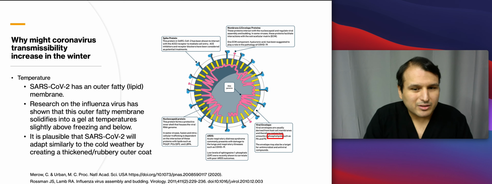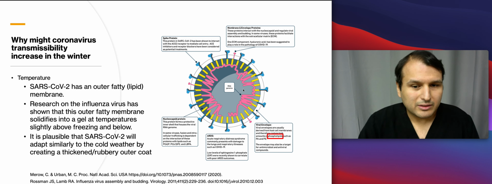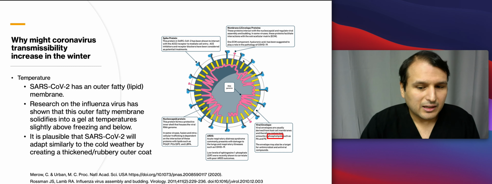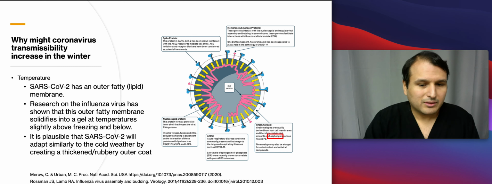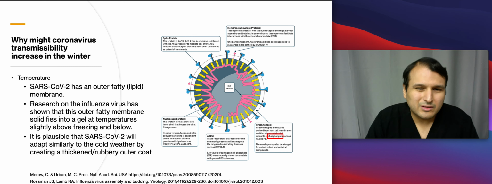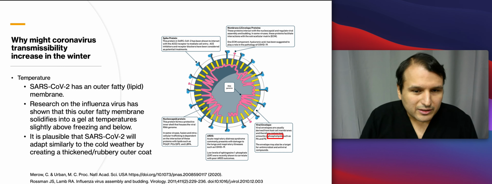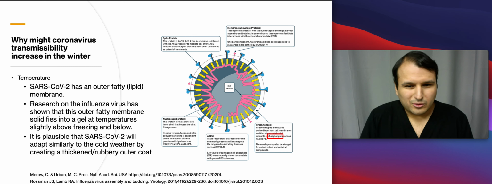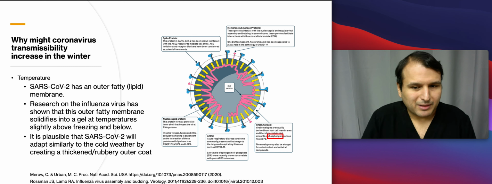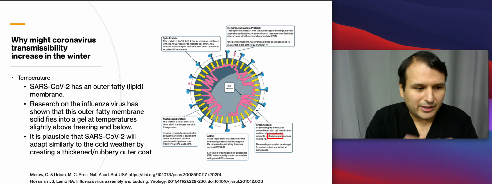There's also something important about the virus. This white circular portion is called the viral envelope. It's structurally important, among other things. It's created of a fatty, or lipid, membrane, with fats all around that area.